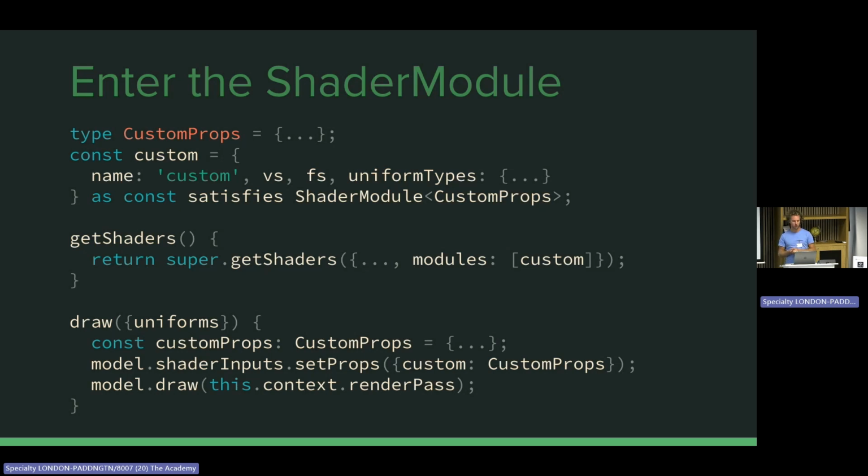So I thought it'd be useful to go over how this works and how we can use it in new layers. At a high level, a shader module is some kind of encapsulation of functionality that lets us inject shader code into a large program, and also set parameters, or props in this case, from the JavaScript world onto the GPU.